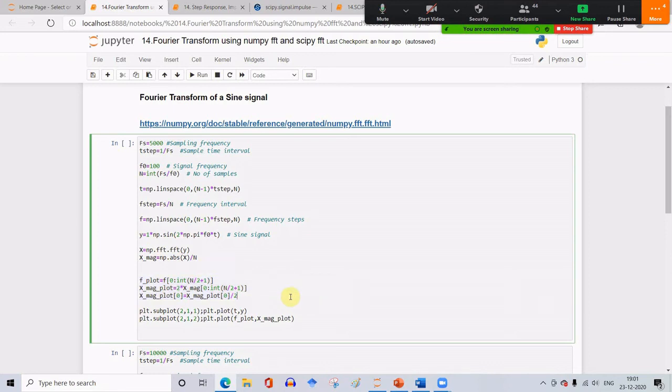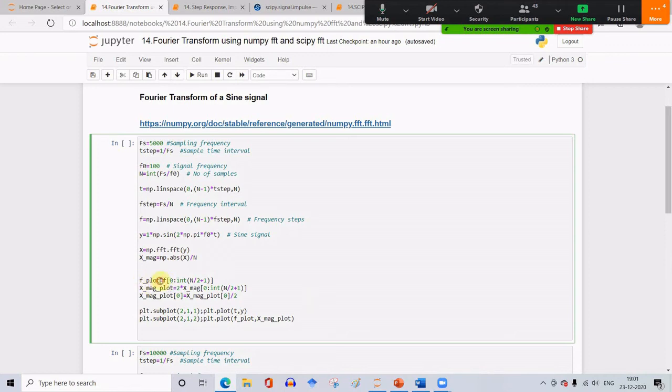What is the magnitude? So to adjust the x points, that is the frequency points, you know that when we take the FFT, after half of the frequency, it is the mirror image of the first half. You have seen this in your DSP classes. So I'm interested in only the first half of the frequency. So I'm taking f underscore plot.